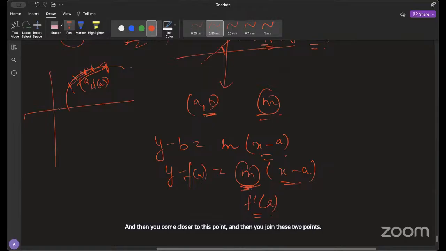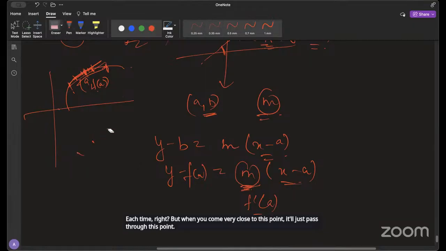And then you come closer. When these two points are very close to this point, it will be a straight line passing through just (a, f(a)). All these are passing through two points each time, right? But when you come very close to this point, it will just pass through this point. Is that clear?